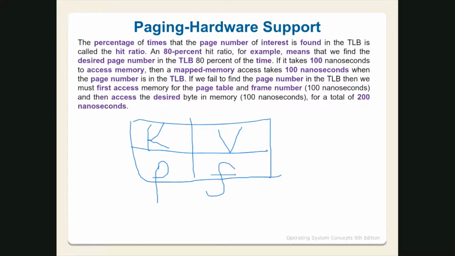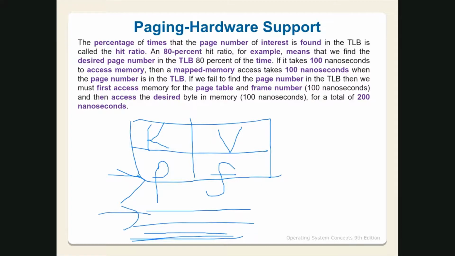Can you get the idea? So it will search the buffer. You have a list of entries, not one. You try to search for the page number. If it is found, the corresponding frame number is taken out. This is the frame number used to access the physical memory.